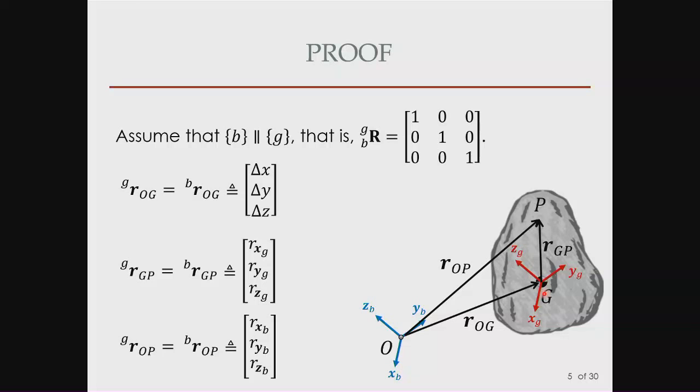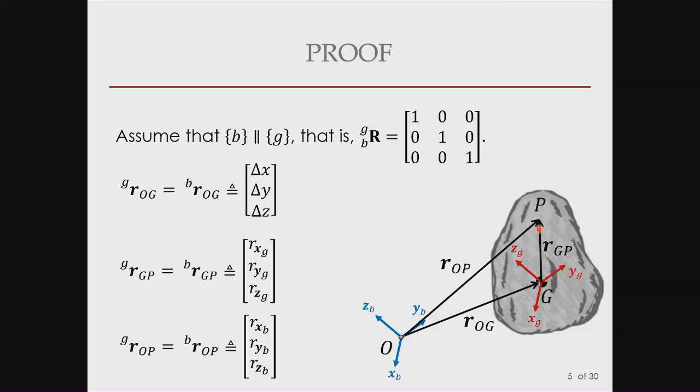And the similar thing would be with Rxb, Ryb, Rzb, the components of the vector ROP, from this point O to the arbitrary point on the rigid body.